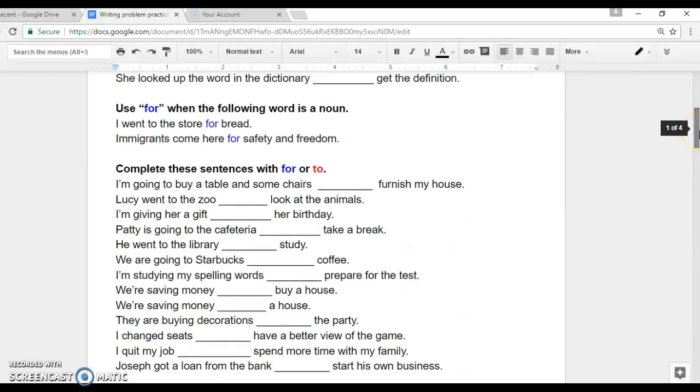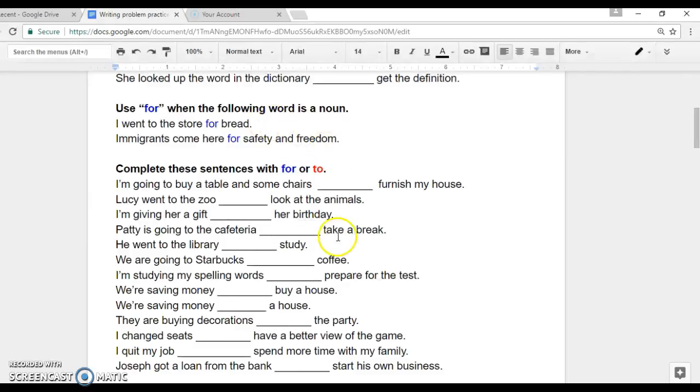When you're finished these sentences, I want you to notice that there is a place or a situation where you can use for, and that is if the word that follows for is a noun, not a verb. So in this example here, you can see I went to the store for bread. Immigrants come here for safety and freedom.